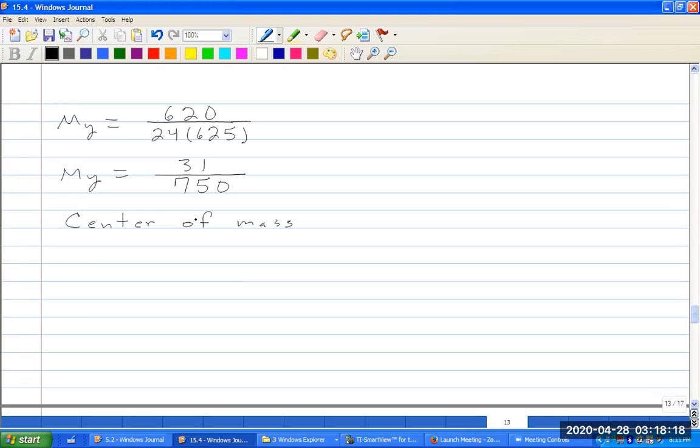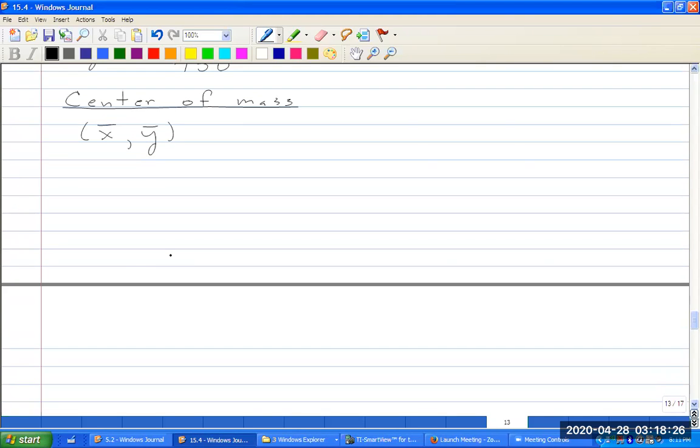Which is just equal to x bar, y bar, which is the moment about the y-axis over the mass m, the moment about the x-axis, divided by the mass m.